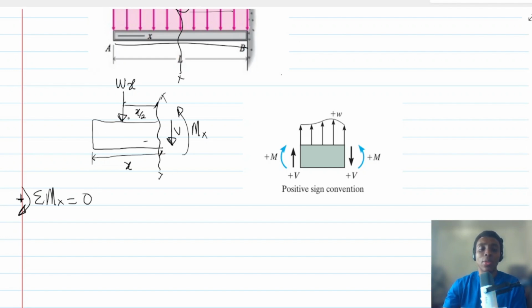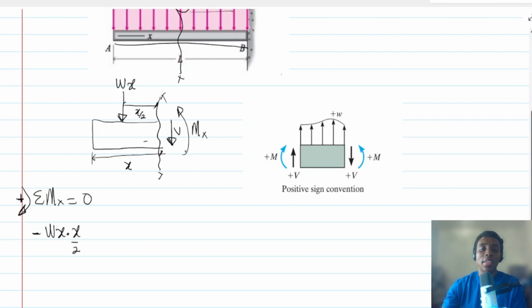If we do this, we are going to sum moment. So summing moment, what do we have? The wx is going in an anti-clockwise way, so it's going to be minus w multiplied by x, and then the moment distance is x over 2.